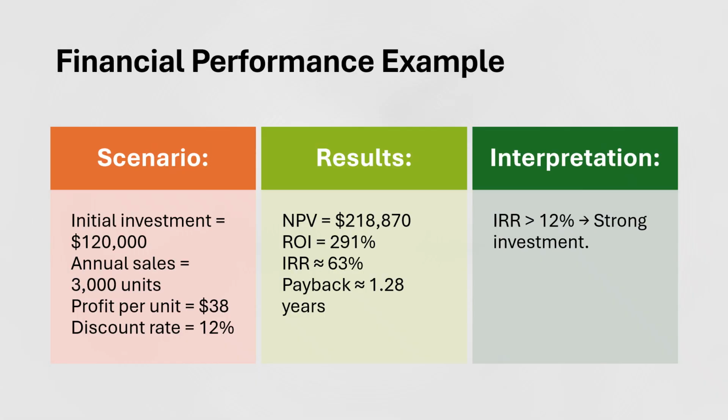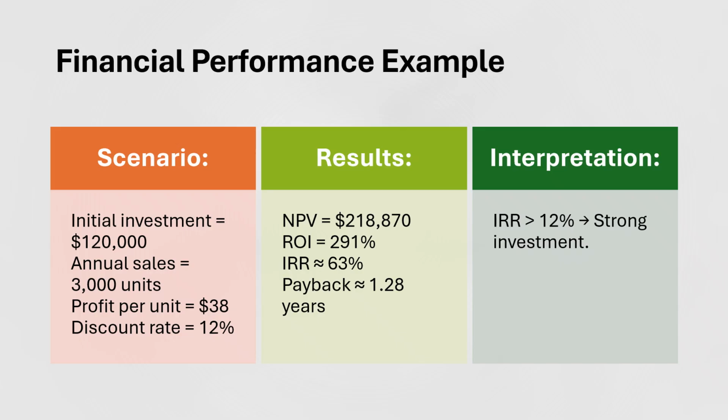So let us analyze a simple scenario. Initial investment is $120,000. The annual sale is 3,000 units. The profit we attain is $38 per unit and the discount rate is 12%.